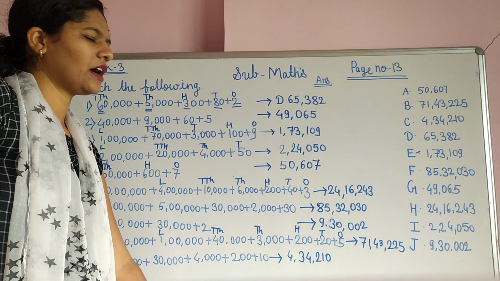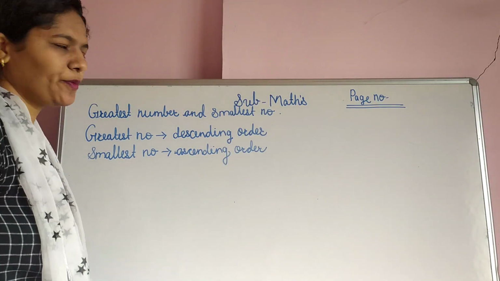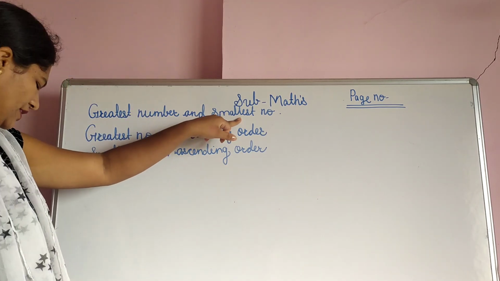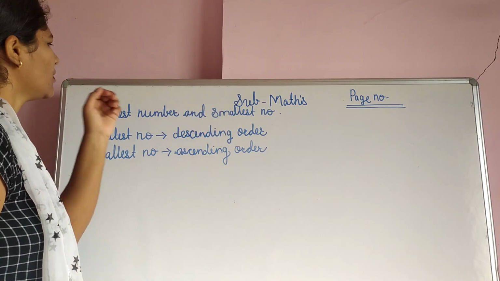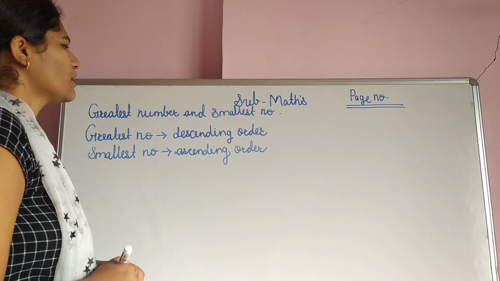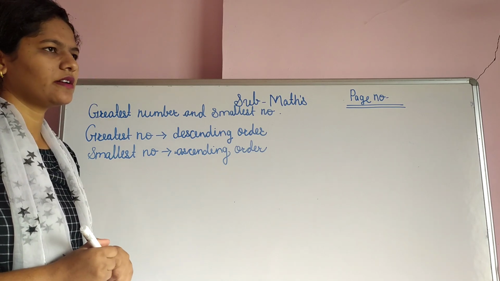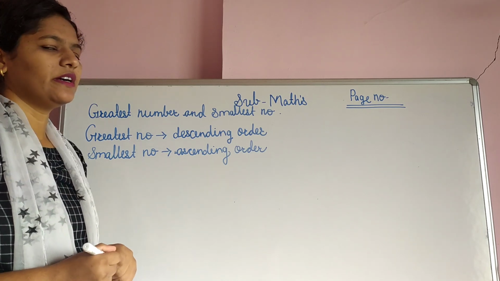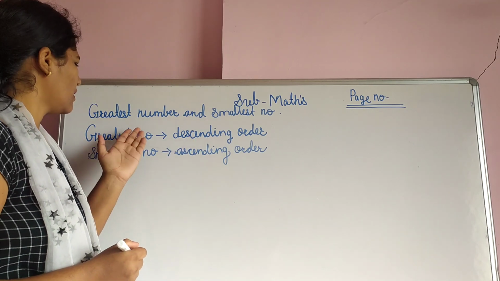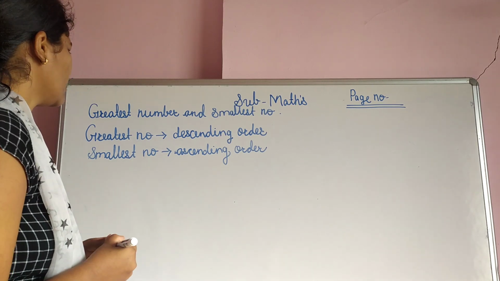Okay, now student, we see our next topic, and our next topic is greatest number and smallest number. This topic we saw in 3rd standard also, so now also we will see this topic. So what is the greatest number? Greatest number means you are given some digits, and from those digits you have to form the greatest number, and we can also make a smallest number.